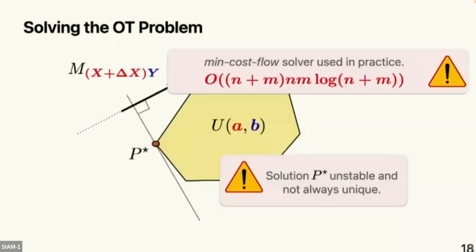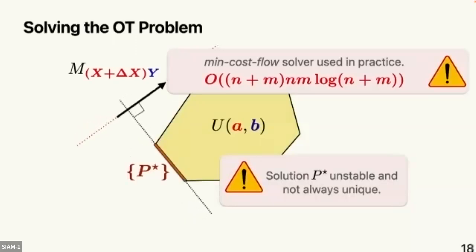Remember the x's were the points where my masses were located. If I perturb infinitesimally, there might be, very hypothetically, a case where this cost vector will be orthogonal to a facet of this polytope.